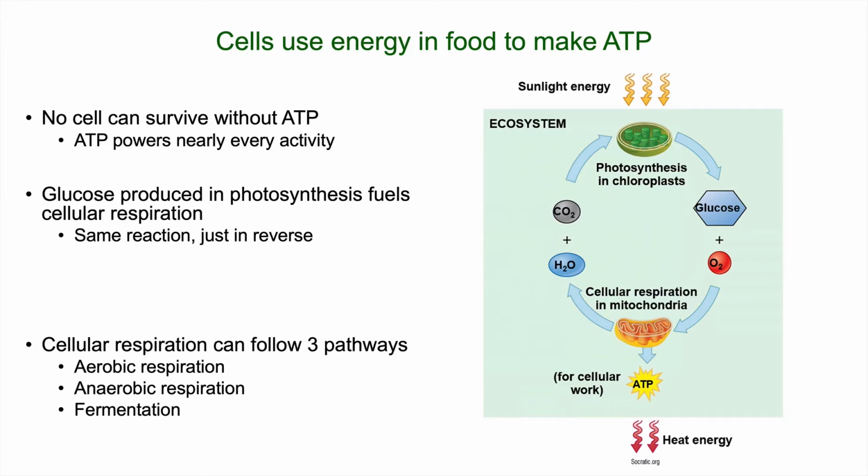What we're going to do today is the reverse reaction. We're going to take glucose and oxygen and run it through aerobic cellular respiration to produce carbon dioxide and water and release ATP as a product. And of course, we're losing heat energy. Remember your second law of thermodynamics. A little bit of heat energy is lost at each step.